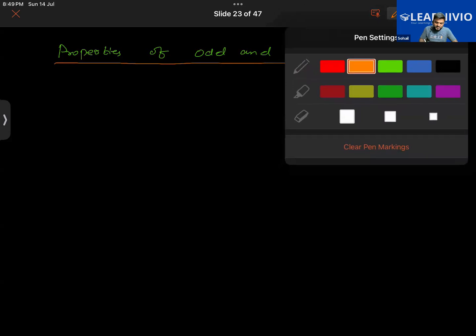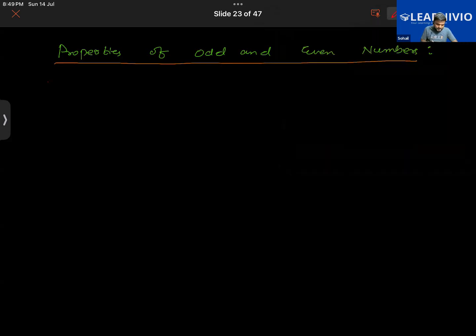Talking about even numbers: we know even numbers are those numbers that are divisible by 2, or that have 0 at their unit place. Getting it now? The numbers that are completely divisible by 2 are called even numbers.